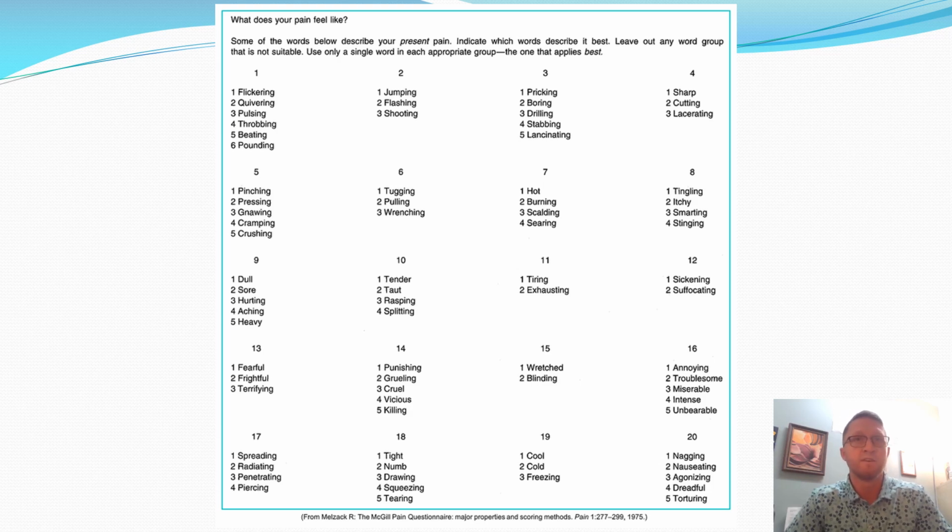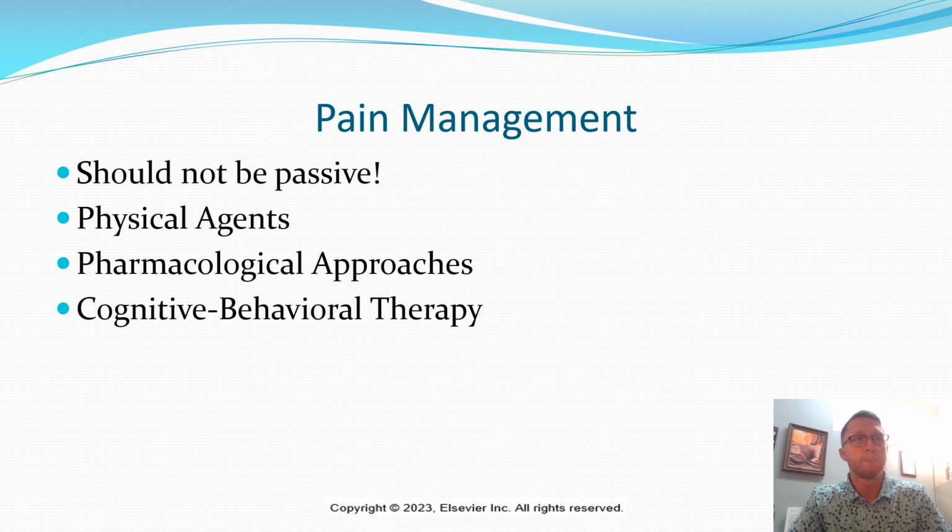Maybe it's less suffocating. Maybe it just moved to more of an itching or a tingling sensation. Those are all really good ways that we can monitor the response to the treatment. So get a before for a baseline and make sure that you do an after as well to see if our treatment is effective or not.